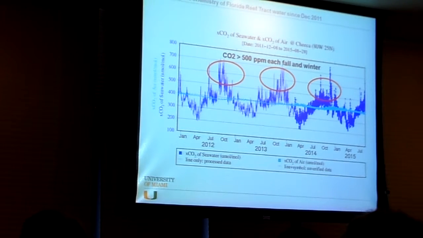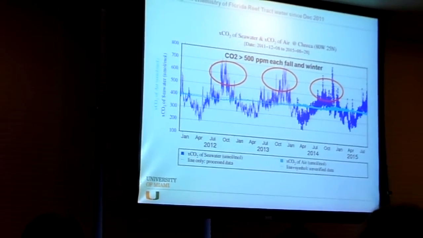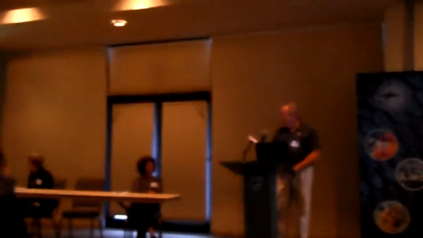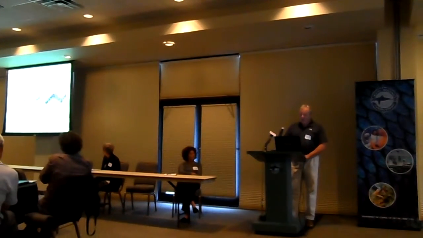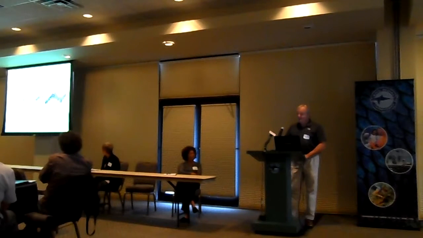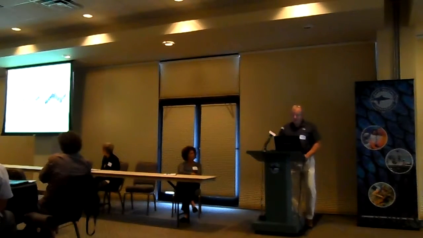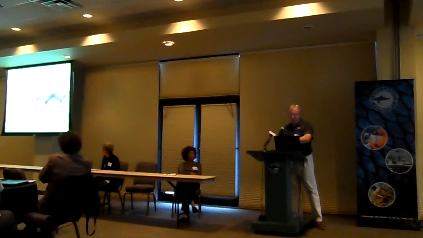But then during the winter, the seagrass tend to die off, and they're broken down by bacteria, and the CO2 that they removed during the summer is released back into the water. So the annual average of the concentration of CO2 in the water is very close to that in the air above it. What I wanted to point out now, seeing these red circles here, is that the CO2 levels tend to get quite high during the winter months of each year.